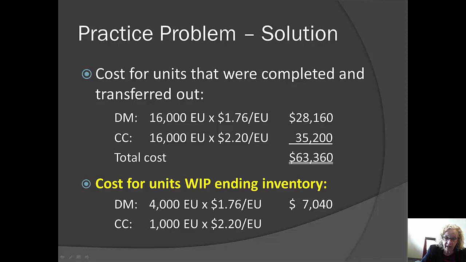Remember, there's 4,000 physical units, but they were only 25% complete for conversion, so that is the equivalent of the amount of effort that would go into making 1,000 units completely complete. Multiply that by the cost per equivalent unit for conversion, add those up, and it gives you the total cost assigned to the units that didn't get finished.